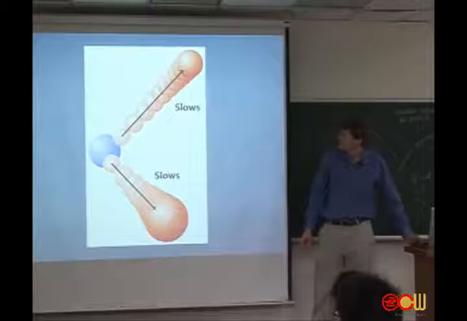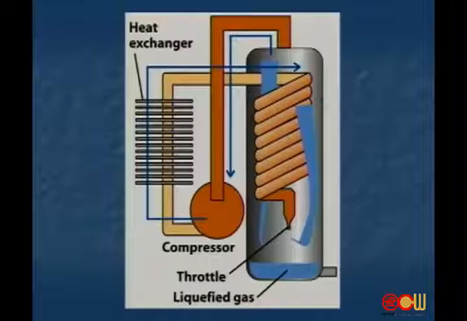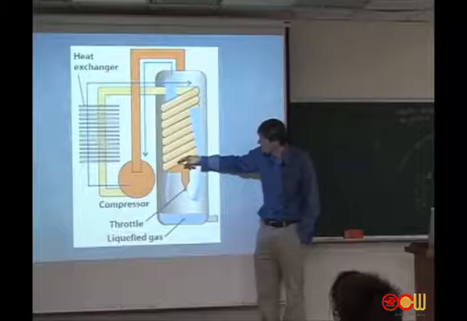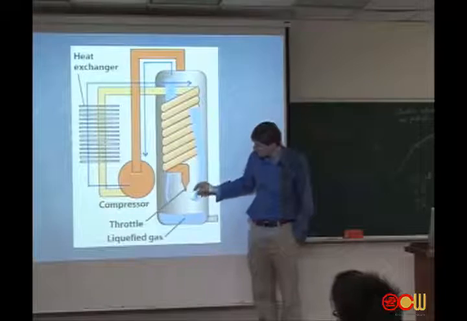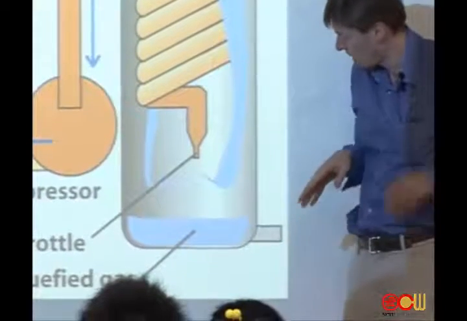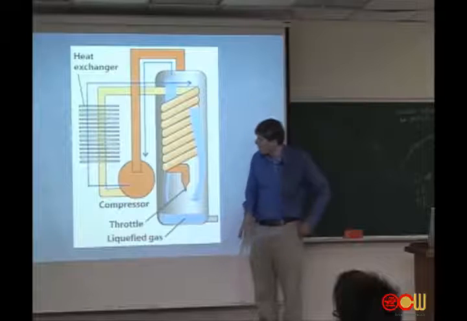And when it doesn't work, you have to use this one. You have to make the molecules slow down as they get farther and farther from each other. This is used, for example, in the fridge. You have the molecules at some pressure, and then suddenly, through a very small hole, they get into a large volume and go in all directions, and when they do, they slow down and liquefy.